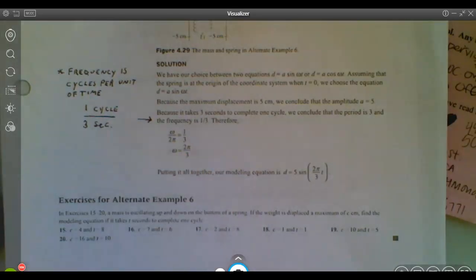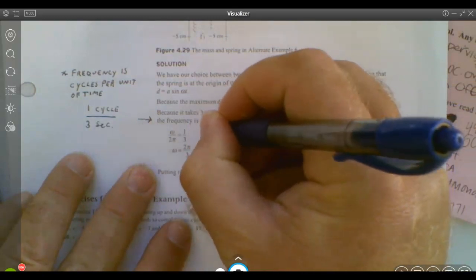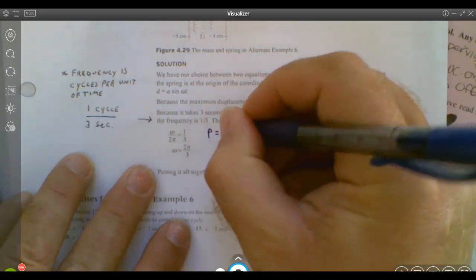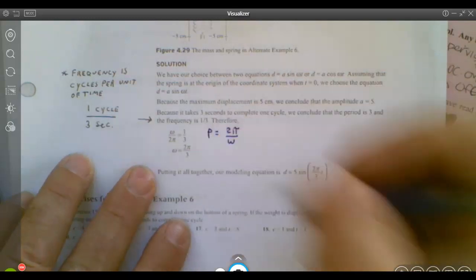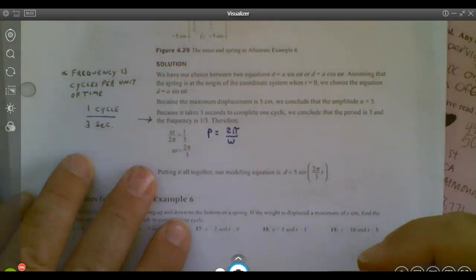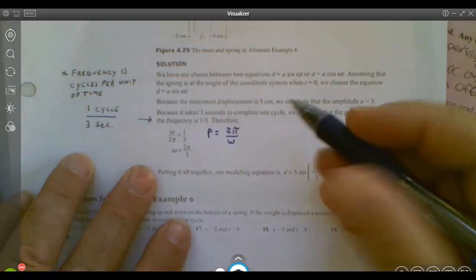This I felt was a little more confusing than it needed to be. Really, all we're doing is going back to our basic formula of 2 pi over B, or in this case W, which is in the position of B, in order to get the period of the graph. So they told us on this one that the period is 3 seconds.